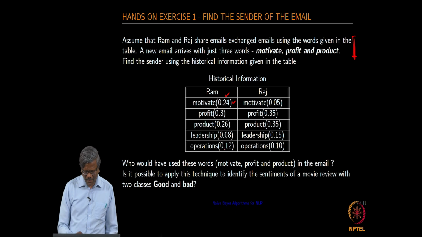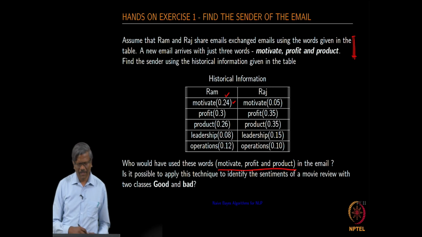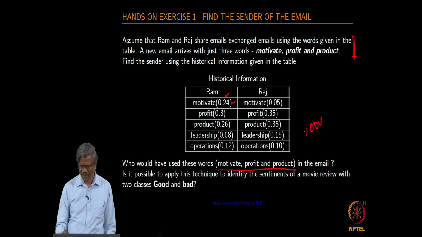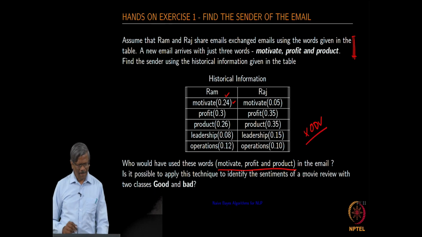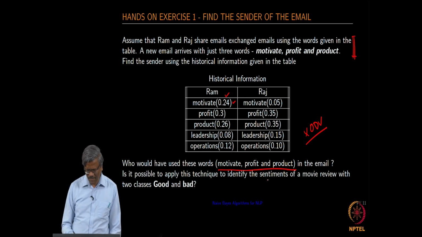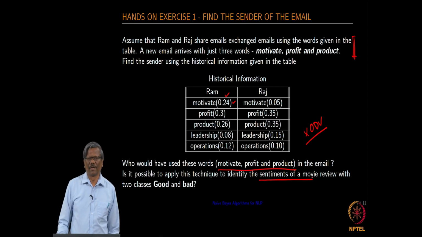So, what you want to find out is when an email comes with these 3 words, who had sent this mail. So, it is very similar to what we have done earlier, and I think you will be able to solve this quickly. So, it does not contain any OOV in this case. Okay. So, you can also apply the same mechanism as I mentioned earlier, so that we can find the sentiments of a movie review or product and so on, right.